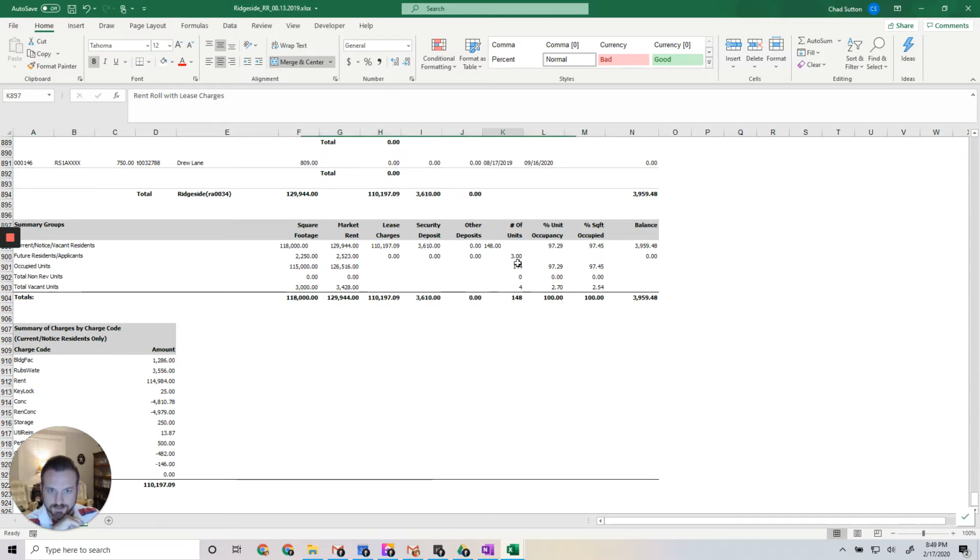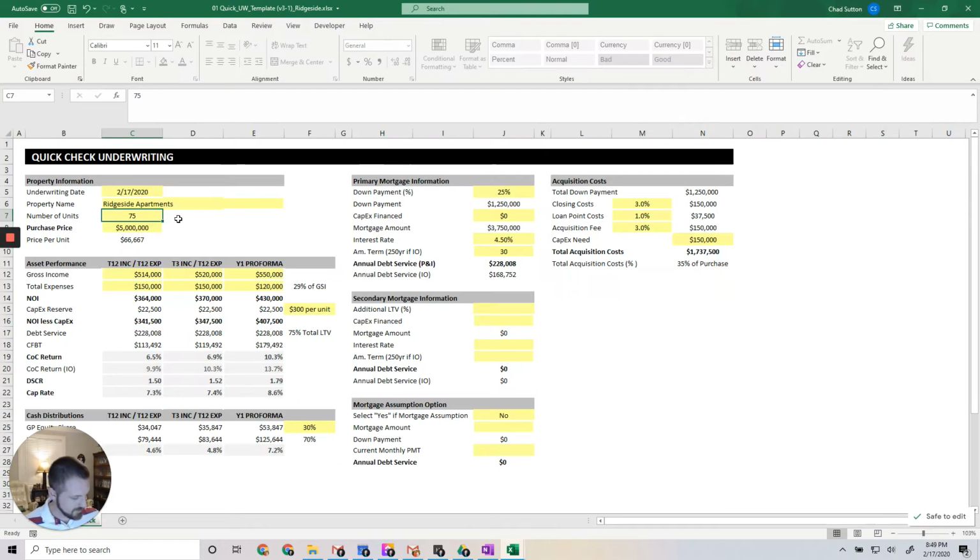This should be 148 units. That sounds about right, so we'll use that for now, 148. Do I remember what these went for? I don't. So we're just going to put in a number of 70,000 times 148. Yeah, it could be about right.